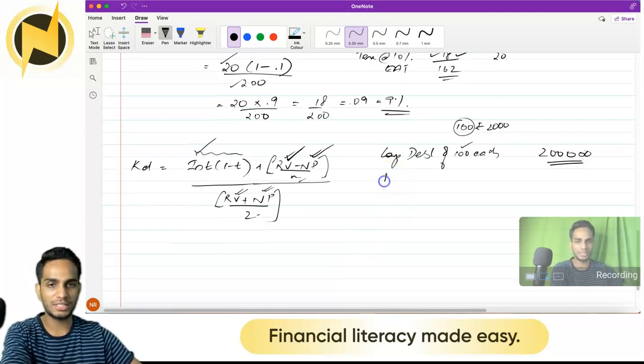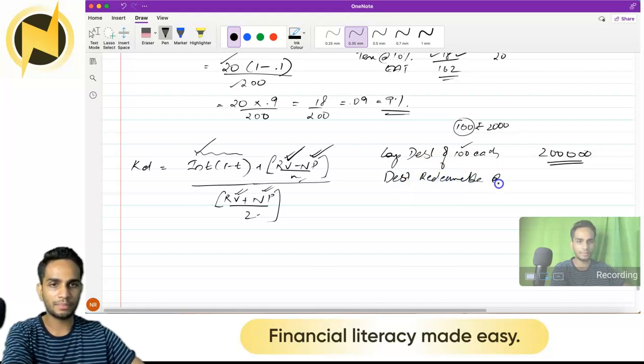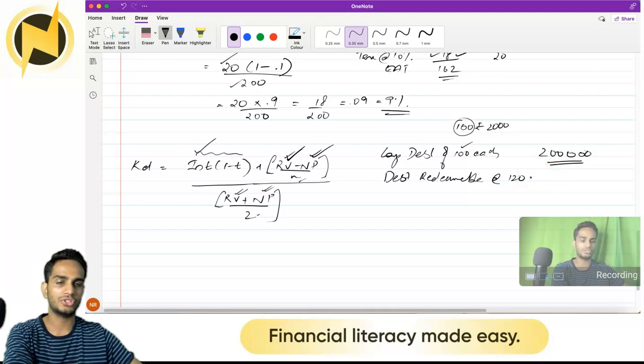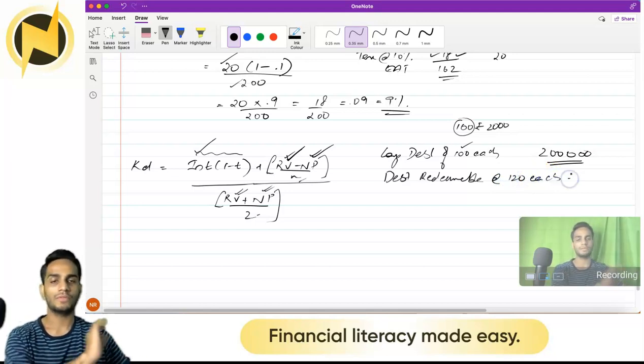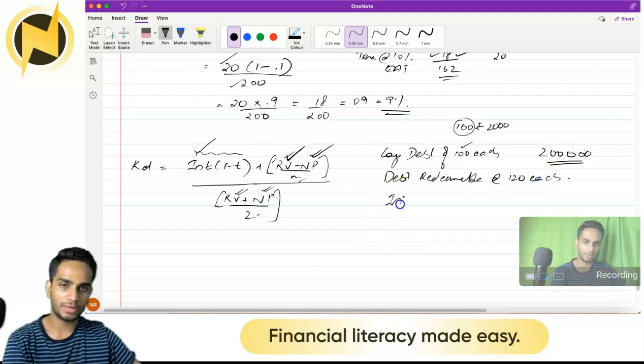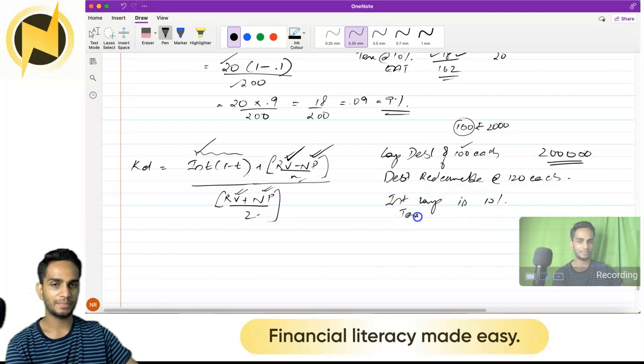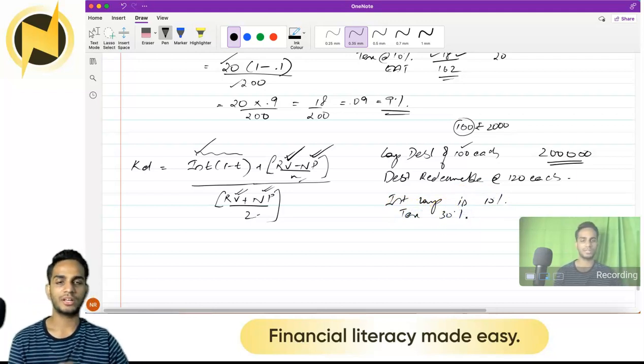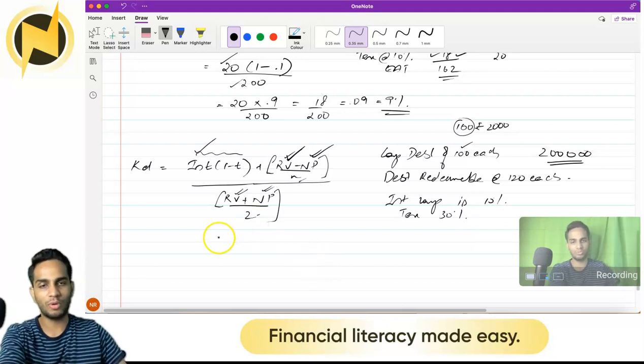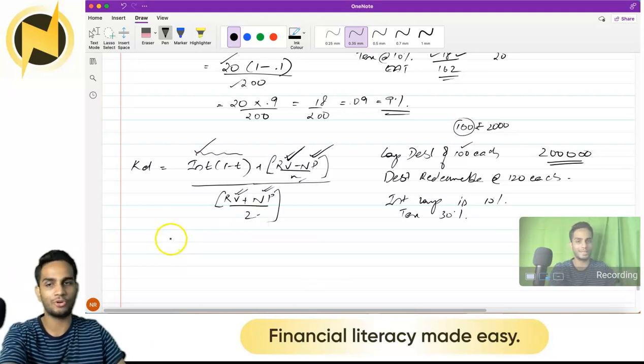If I am to extend this example, the company also says these debentures are redeemable at 120 each. Now you have this question, and their interest component is 10%. The company's tax rate is 30%. This is how it's given. There are 2 ways you can do the answer. I'll show you number one, by just following single security value.